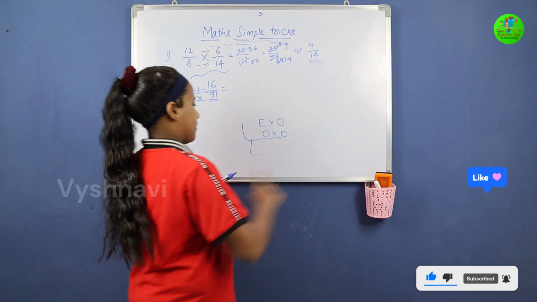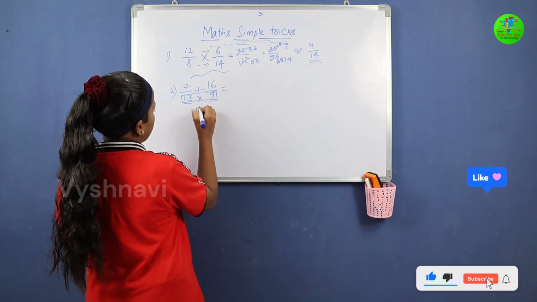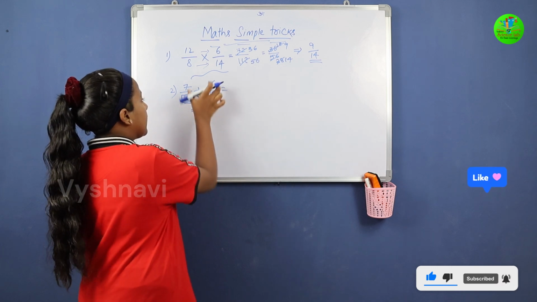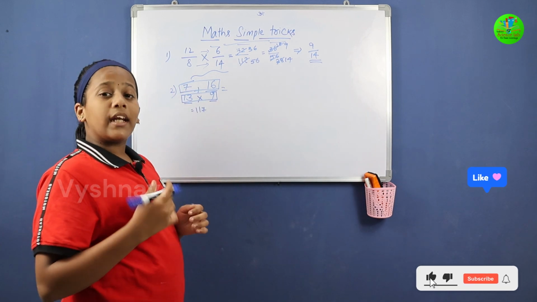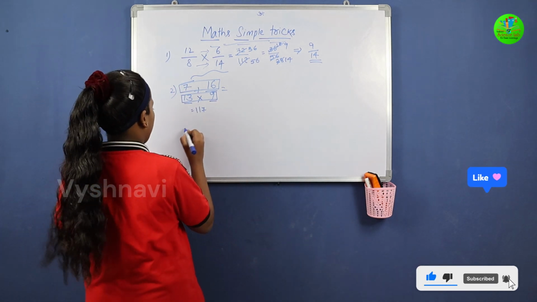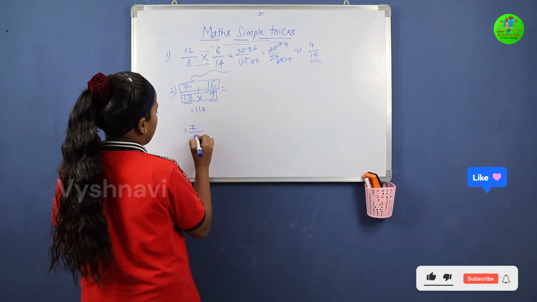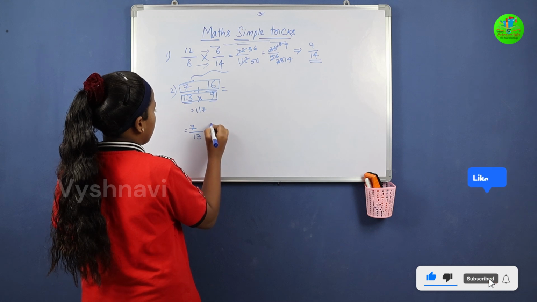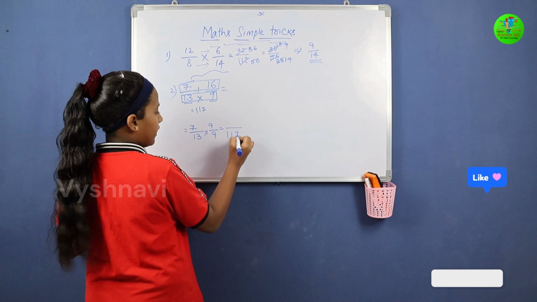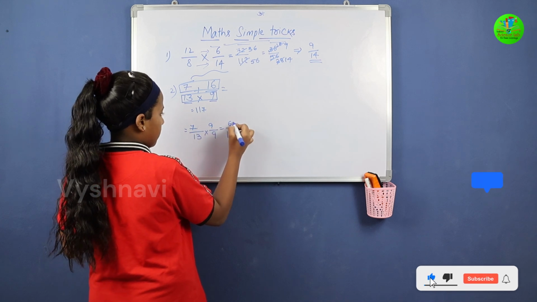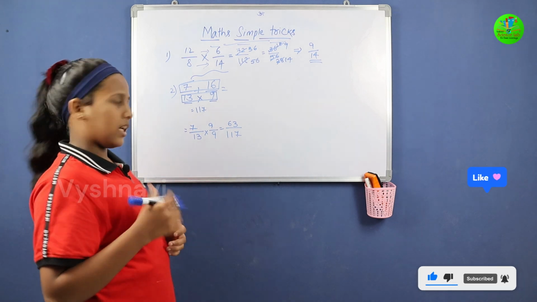Okay, we will do for this. 13 9s are 117. LCM is 117. In this, the numerators are there now. We should see how 117 will come. 7 by 13 into 9 by 9. 117. 7 9s are 63. 117 will come in the 13 table, it is 9.